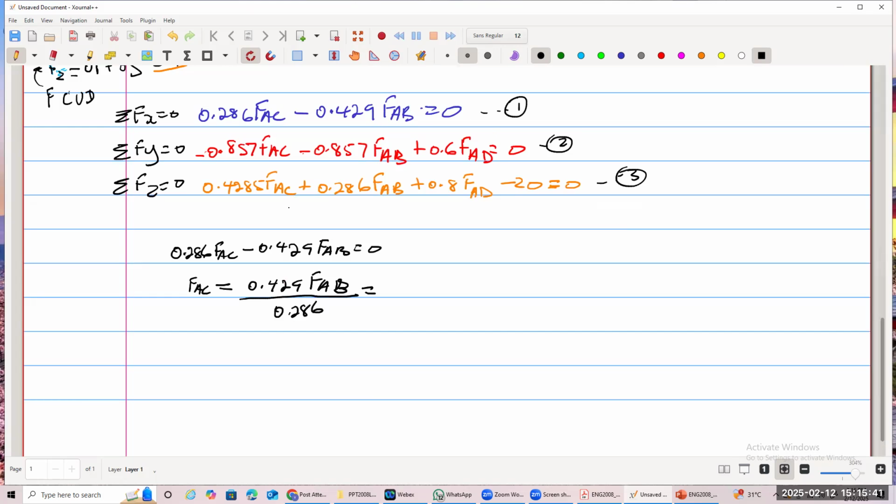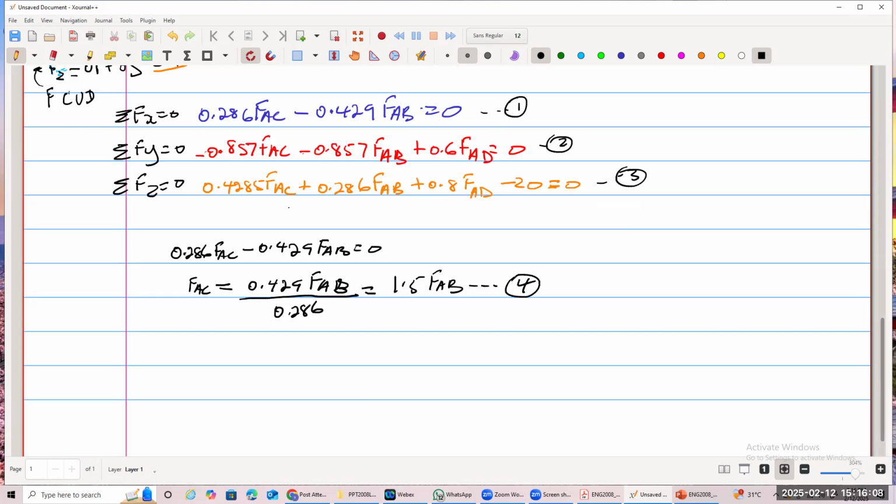And so that must give you what now? What is that value, please? And people, I want you to be working with me. Thank you. That is what? Minus 0.286. So you get 1.5 FAB. All right. This is now equation 4.